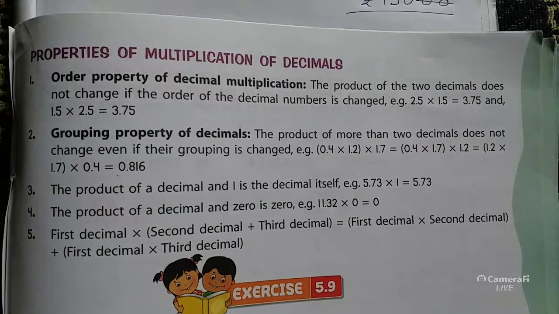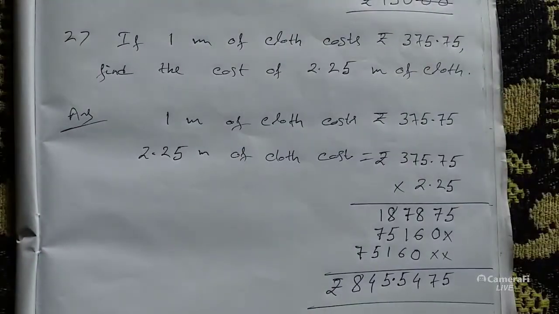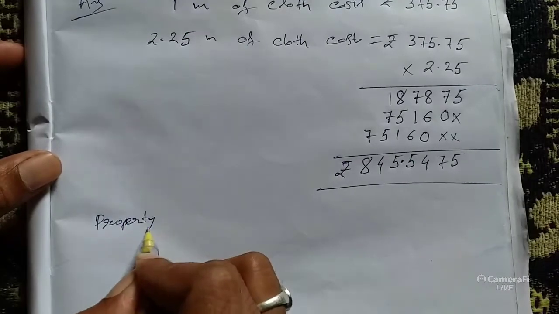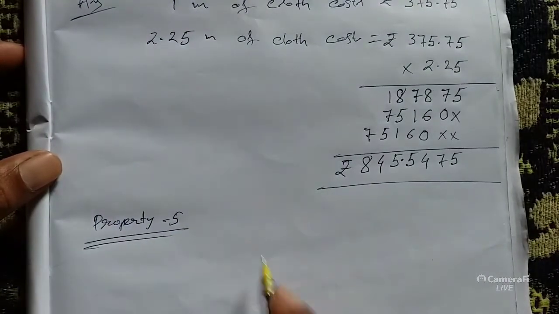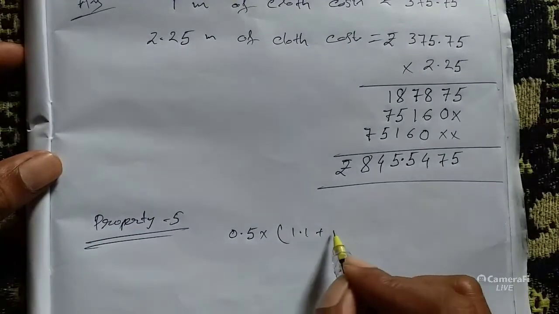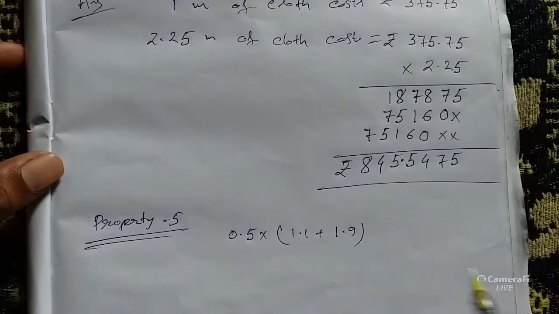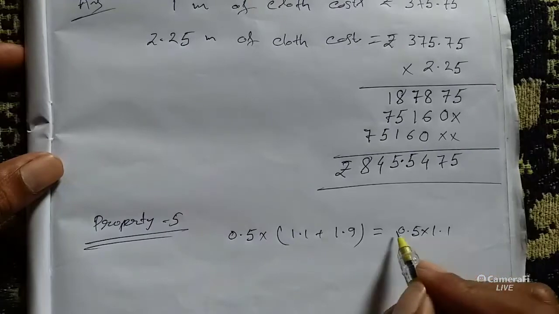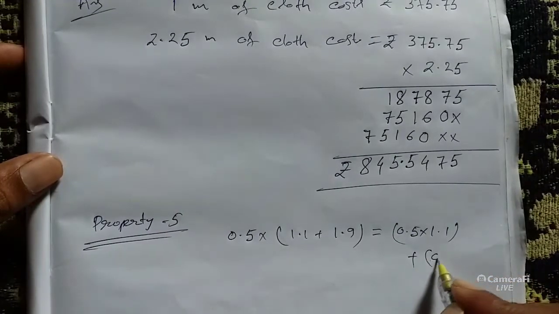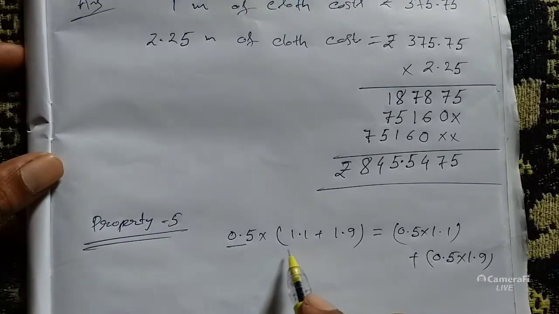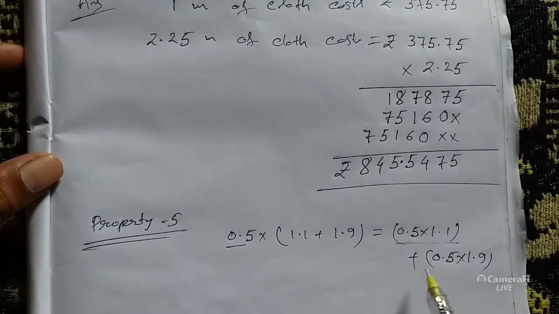Okay. For example, I am giving an example for the fifth property. Property 5: 0.5 multiplied by (1.1 plus 1.9) will be equal to 0.5 multiply 1.1 plus 0.5 multiply 1.9, that is, first number multiply the second plus first number multiply the third.